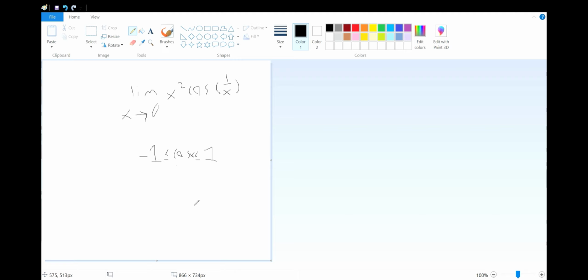Because we're multiplying cosine 1 over x by x squared in the function, the limits get multiplied as well.